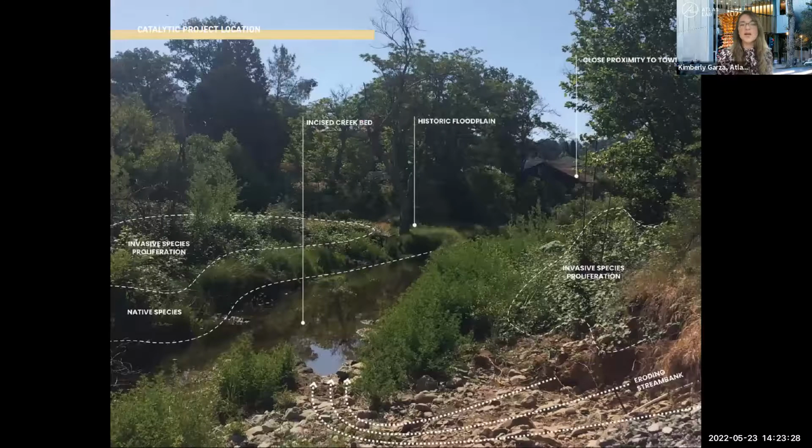Similar to what GK had said about assets right in your back door, the Mariposa Creek Way is in the center of downtown, right there, but it hadn't been really taken care of. Everybody kind of turned their back to it. It's infilled with invasive species, but we knew this would be the catalyst site where we wanted to implement our placemaking strategies.